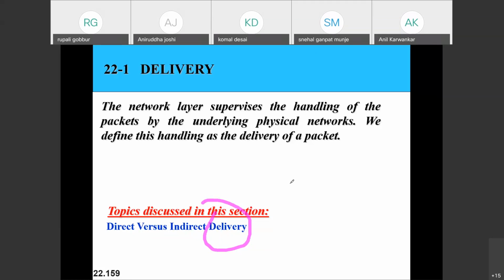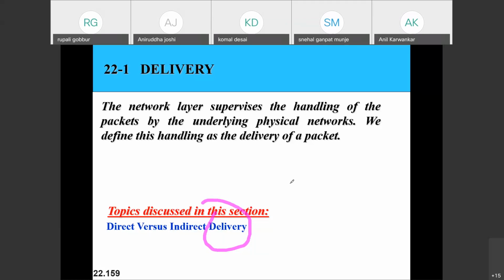If the address resolution gives the information that the destination is part of the same network, then it's a direct delivery. If the destination host is not on the same network, the packet is delivered indirectly.